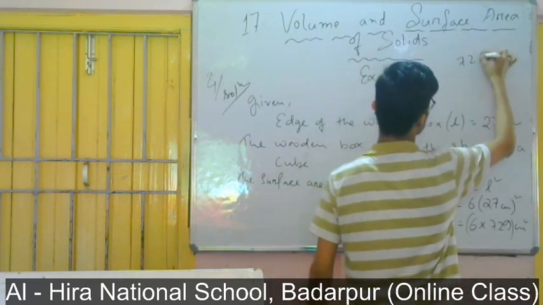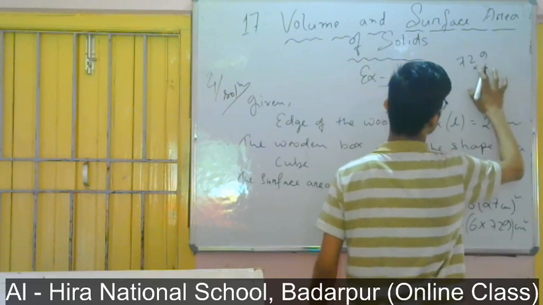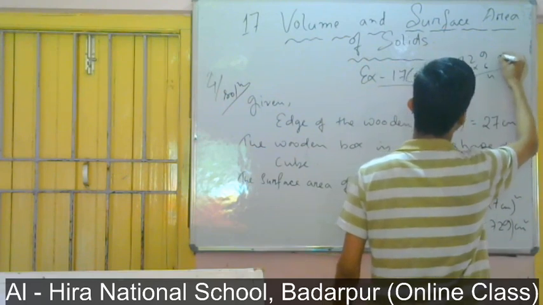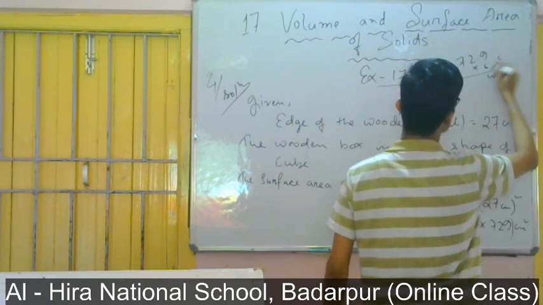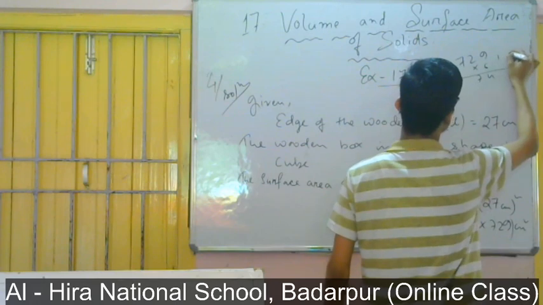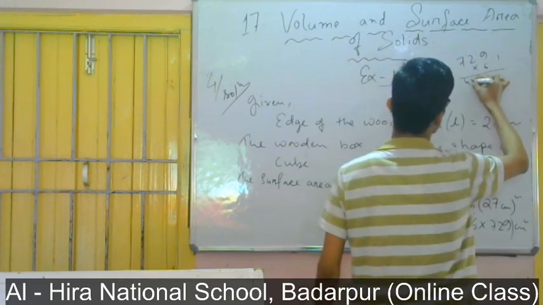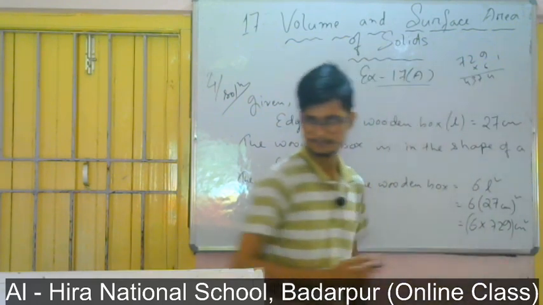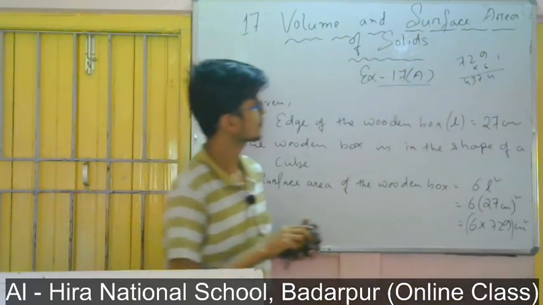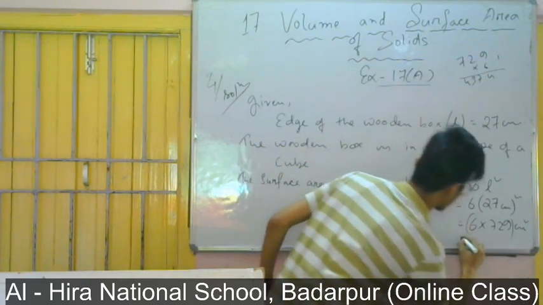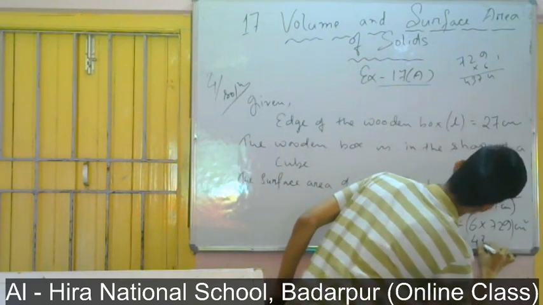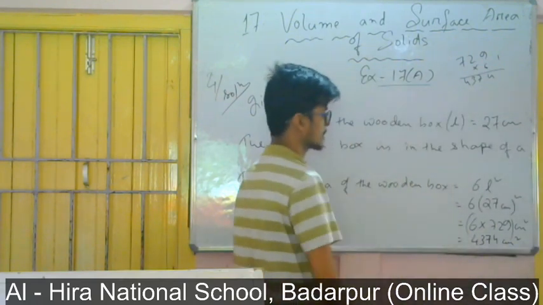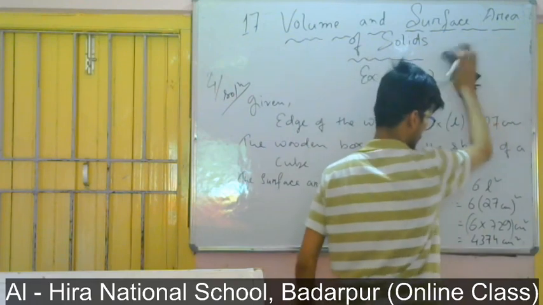729 multiplied by 6, you write it. The answer is 4374 centimeter square.